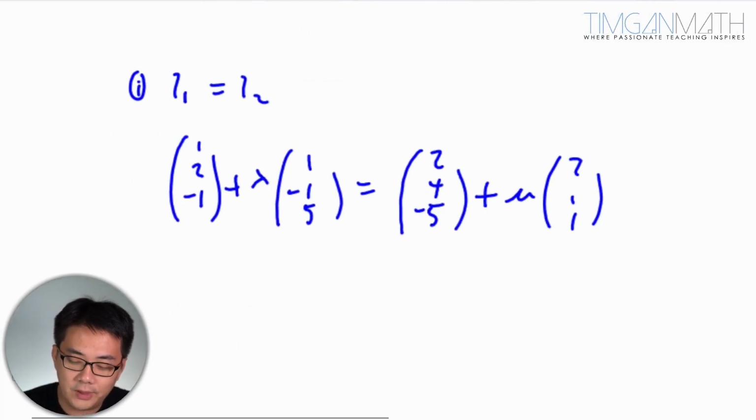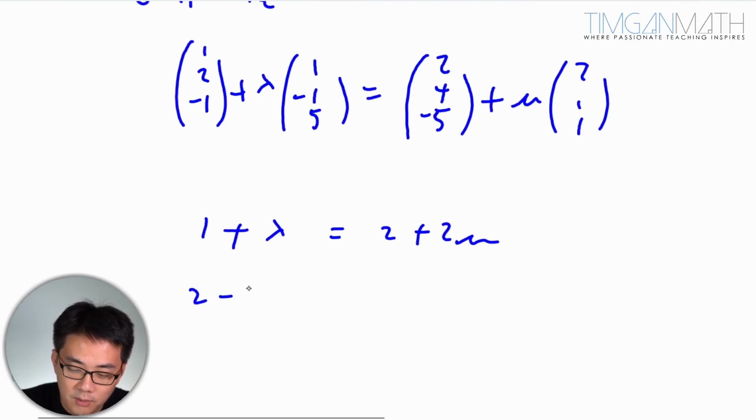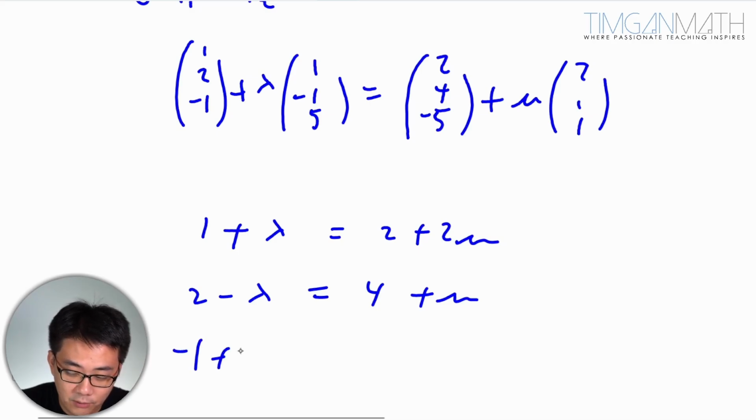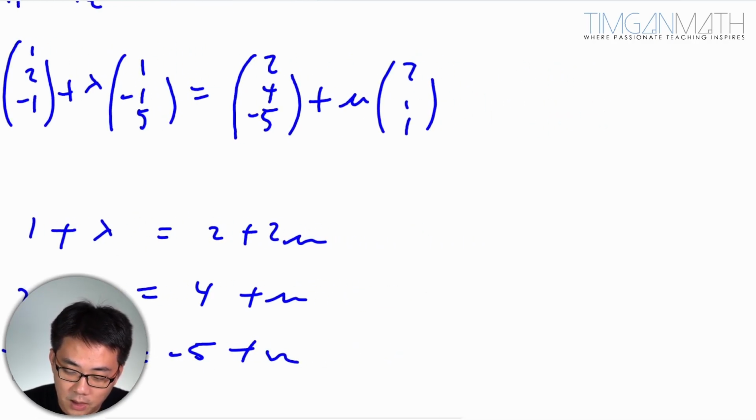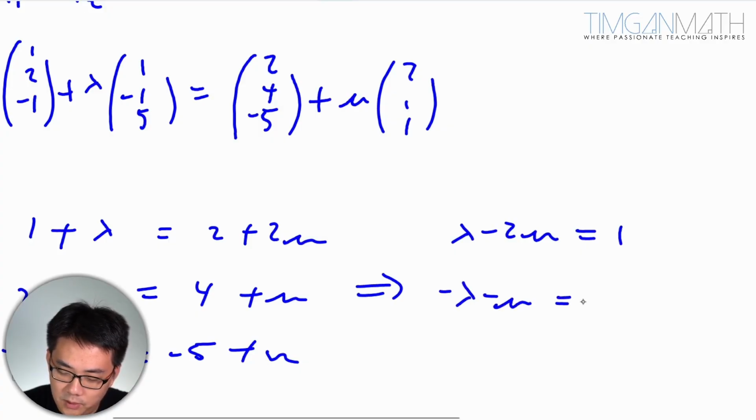The only thing I will say about some of your working is, please use the calculator to solve simultaneous equations. Because no one is going to give you marks for solving simultaneous equations manually. Some of you still go and do the manual method. So please use the calculator to solve this simultaneous equation here. So this is minus lambda minus mu equals to 2.